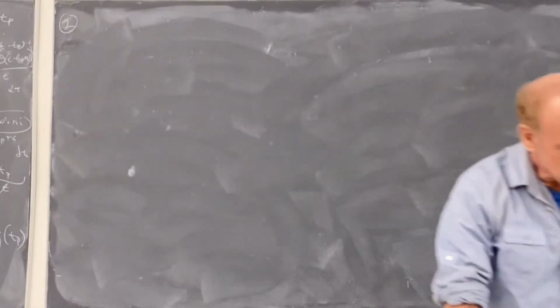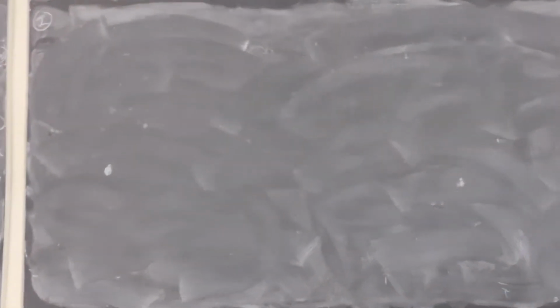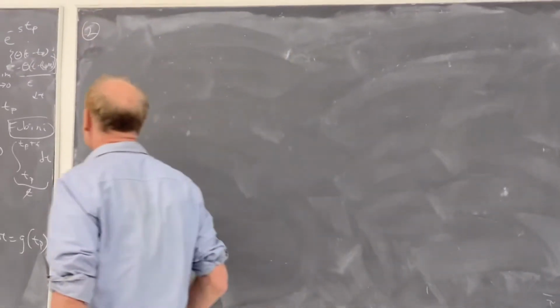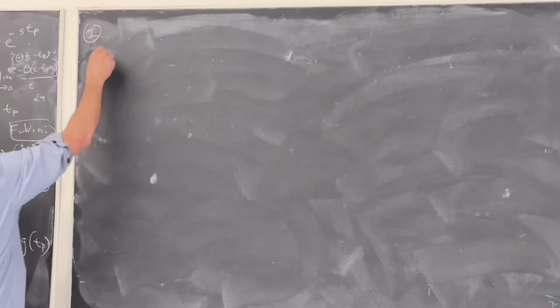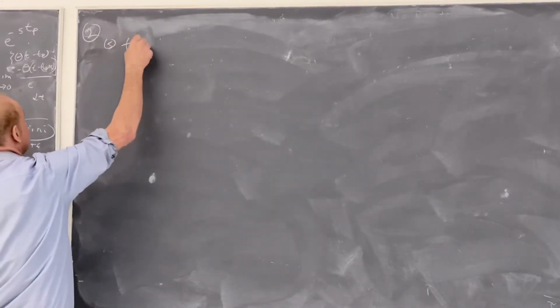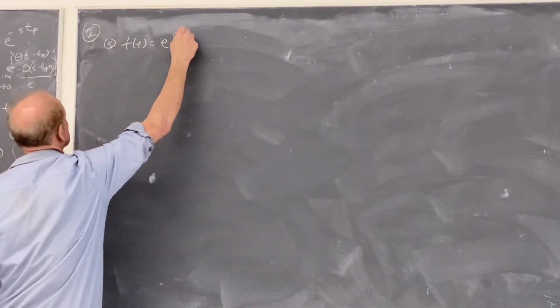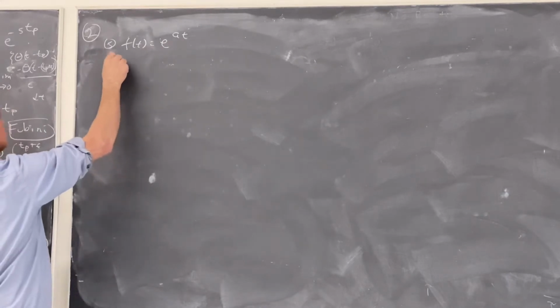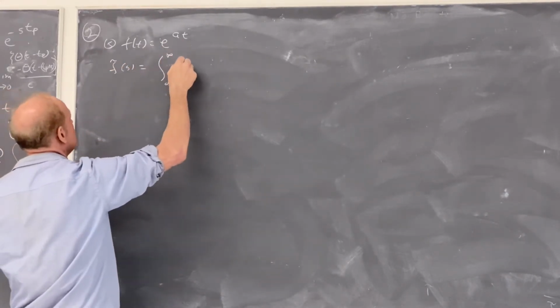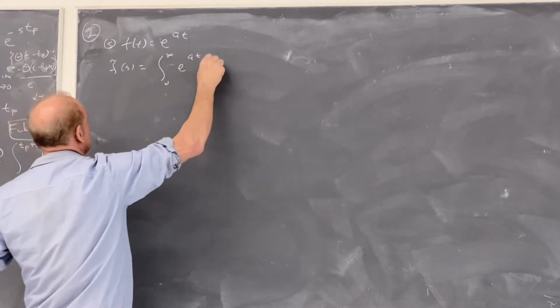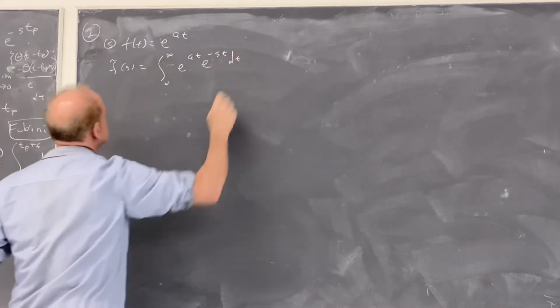Let's do e to the at. So let's say, what number am I up to? 5. f of t is e to the at. Then f tilde of s is equal to the integral from 0 to infinity of e to the at times e to the minus st dt.